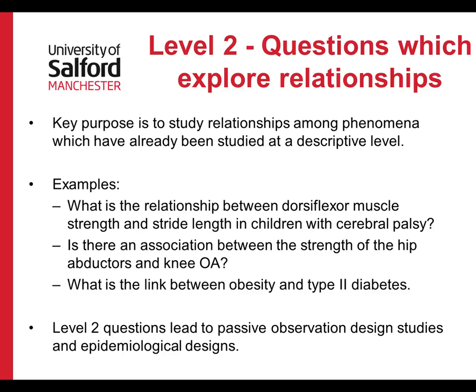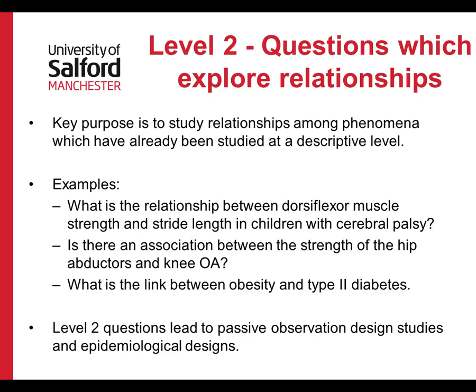So, examples that we might see in health sciences: What's the relationship between dorsiflexor muscle strength and stride length in children with cerebral palsy? Is there an association between the strength of the hip adductors and knee osteoarthritis? And what's the link between obesity and type 2 diabetes? You can see in each of those questions that we're trying to understand a relationship, an association or a link between two experimentally measured variables.